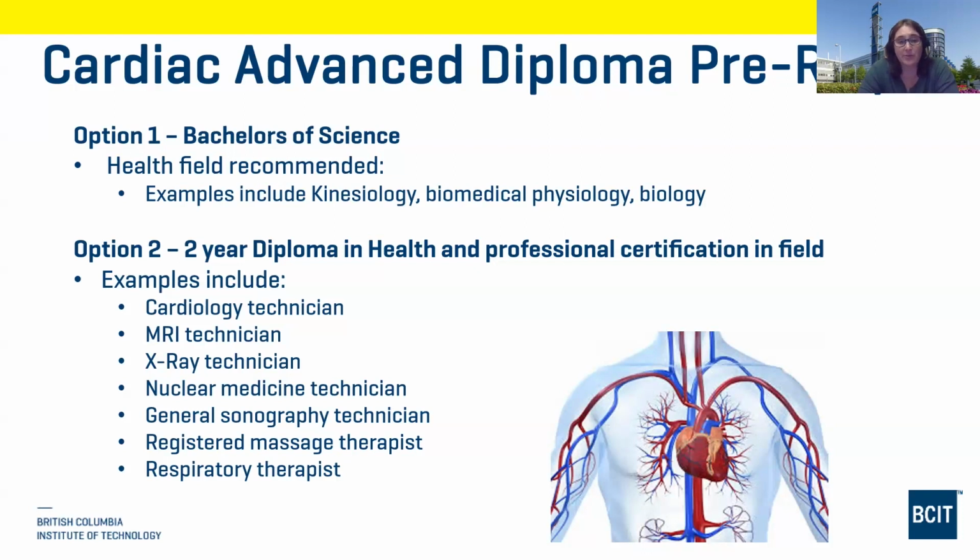We've changed this actually to a two-year diploma in any science or health related field. So it could be any, as long as it's two years minimum. If you have questions about whether your diploma or degree will count, just feel free to email admissions. And if they aren't sure, they'll run it by us to confirm.